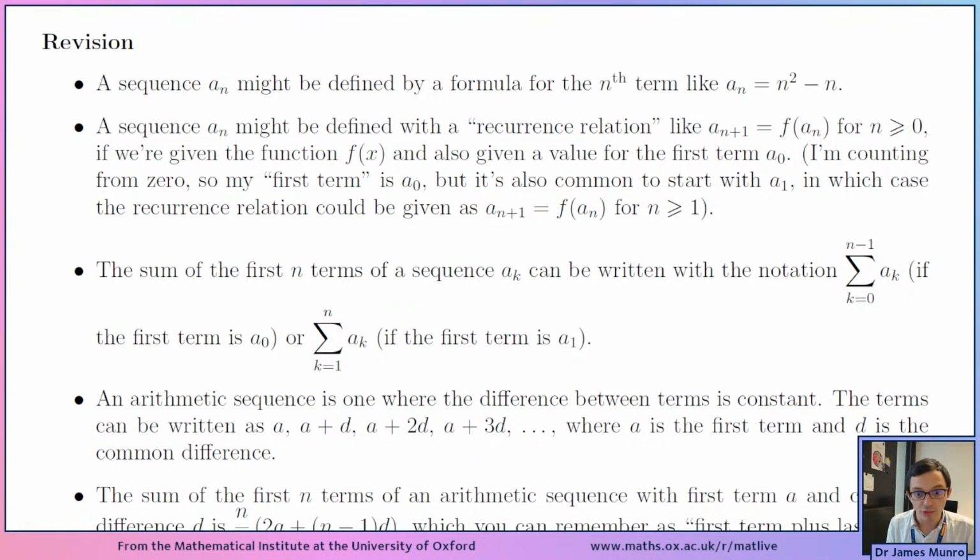You might just be told with a formula what the nth term is. But it might be defined in terms of previous things. So maybe just in terms of the previous term, like that. A function where instead of just plugging in n, you plug in a_n, the previous term of the sequence, to get, in this case, they would define a_(n+1) as a function f of a_n.